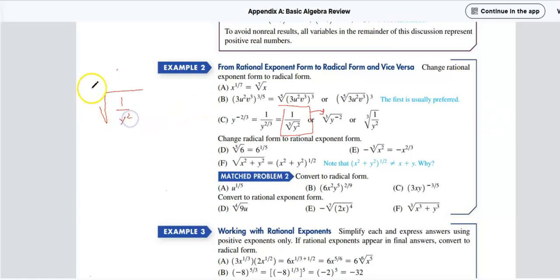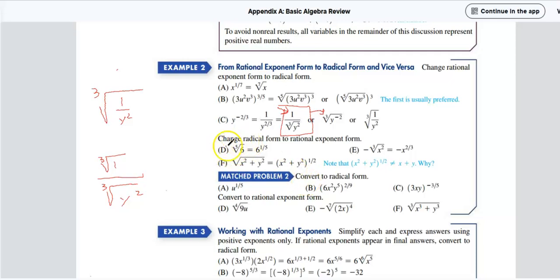Because with this 1 up here, this would be the same thing as the cube root of 1 over the cube root of y squared. Well, the cube root of 1 is just 1, so right there, same thing. So it can be rewritten like that.